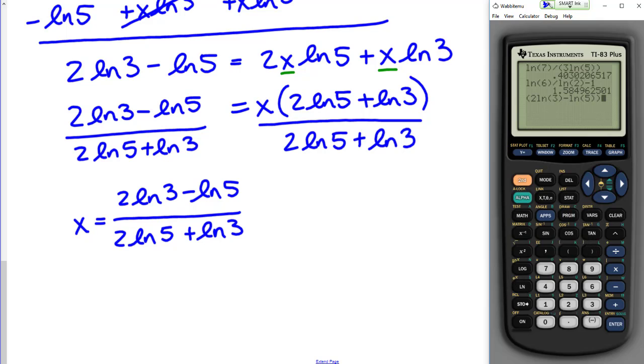So I have a set of parentheses just for the numerator, then divided by the denominator, which is 2 natural log 5 plus natural log 3. And I have a set of parentheses just for the denominator as well. So that gives me approximately 0.136. And that's as bad as those will get. It's lengthy, but still, it's not a difficult process once you practice it a couple of times.